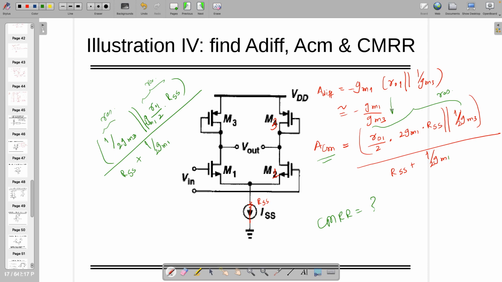Even the common mode gain is also poor because the numerator is actually a lower value than the denominator. The denominator is the same, but the numerator is lower here. So common mode gain is also poor. Differential gain is also poor. So CMRR has to be poor compared to the previous one, right?